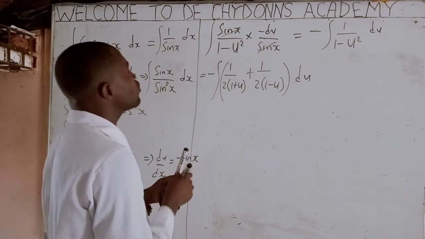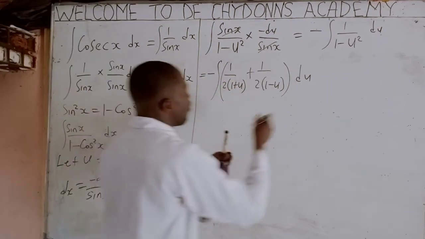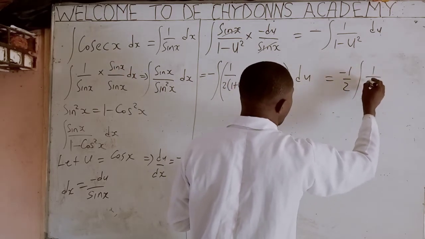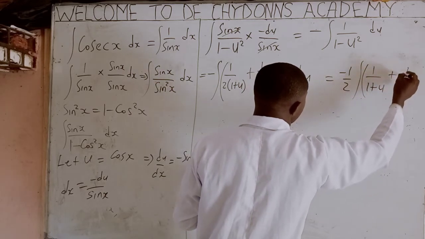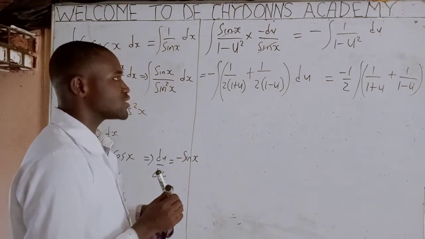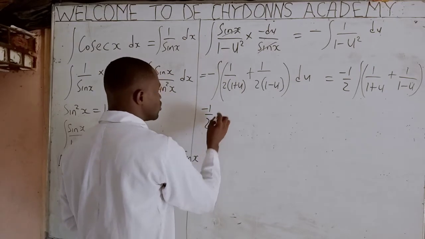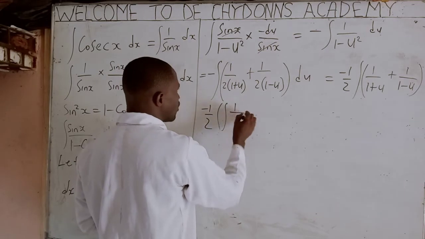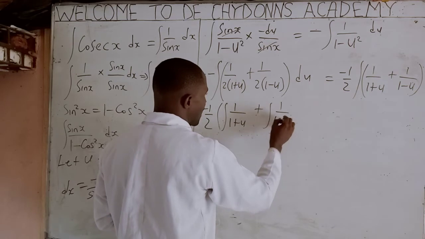Okay, so what do we do now? Remember, since it is 1 over 2 and 1 over 2, we will bring our 1 over 2 out: minus 1 over 2 integration of 1 over 1 plus u plus 1 over 1 minus u. Then use the integral sign to multiply the two: integration of 1 over 1 plus u plus the integral of 1 over 1 minus u.